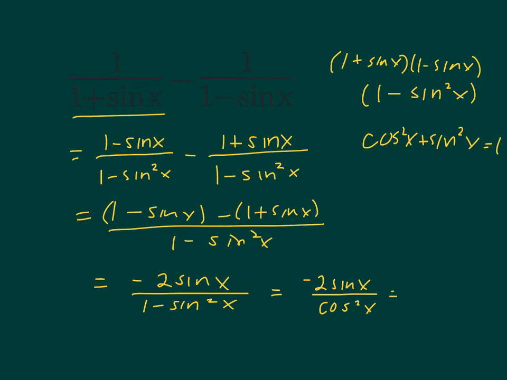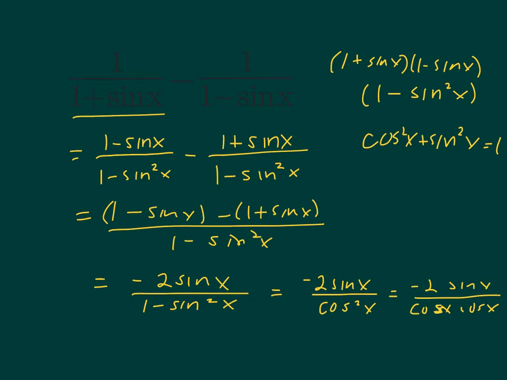And so we've got it kind of simplified, but we could actually write it without a fraction, and recognize that if we have minus 2 sine x and then cosine squared, write that as minus 2 sine x over cosine x cosine x.